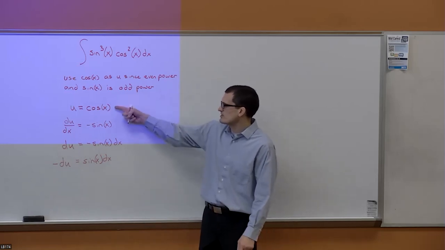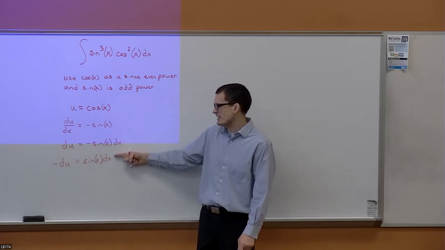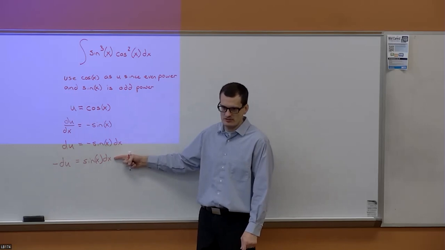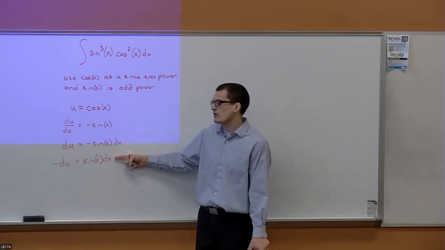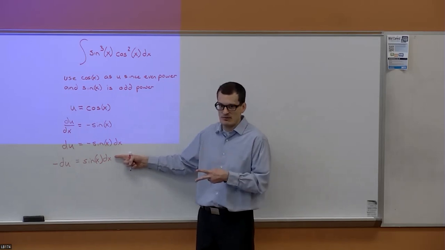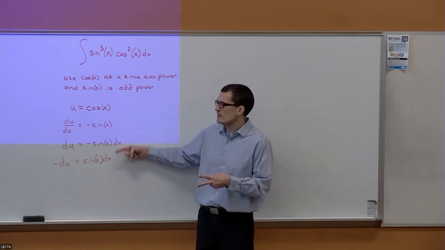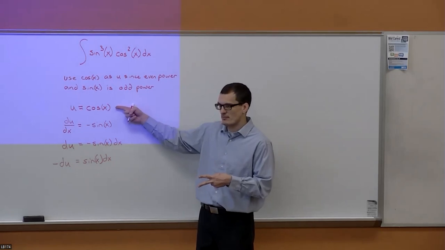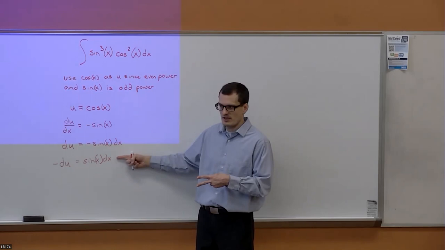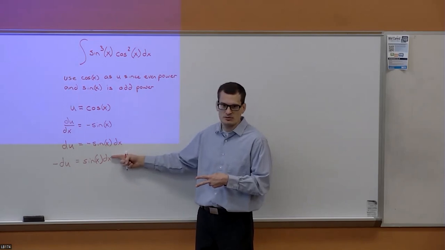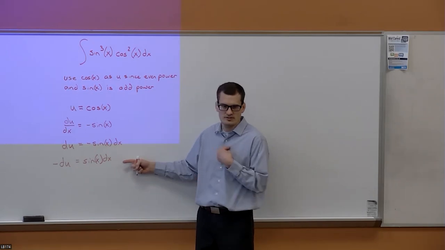So yeah, one of them is going to be used for a u, and the other is going to be used for the du exchange. If I have a choice and they're both odd powers, then the larger of the odd powers, I'm going to make my u. And the smaller of the odd powers is going to be absorbed in the du dx exchange, just to make my life easier.